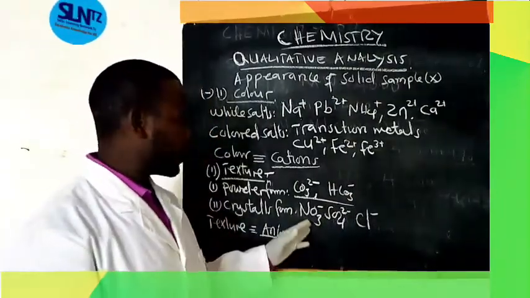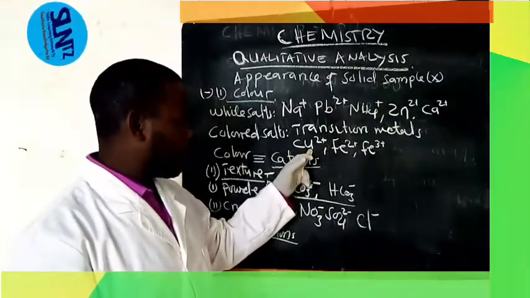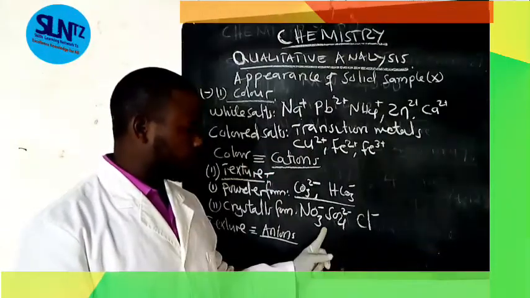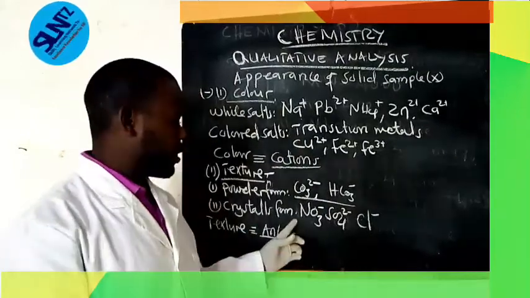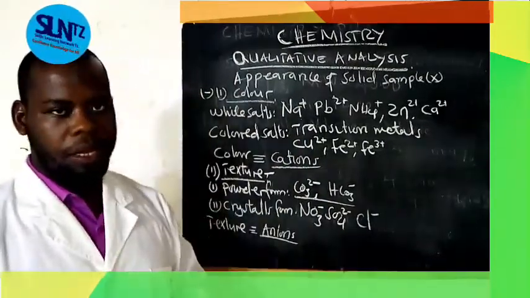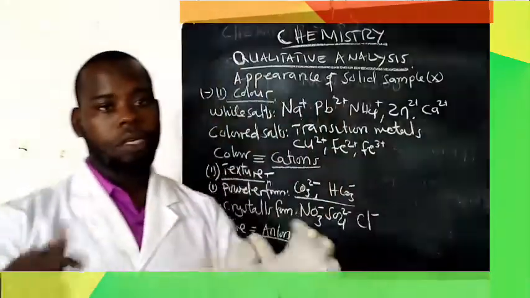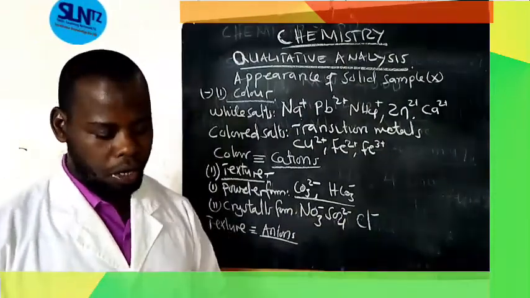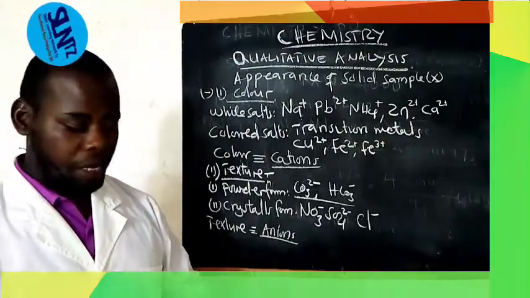So my expectation, I will get copper and among of these. When I go to another step, then one of these will be found in our sample, or we show the observation to see if it's nitrate, sulfate, or chloride. But now we are in appearance only.